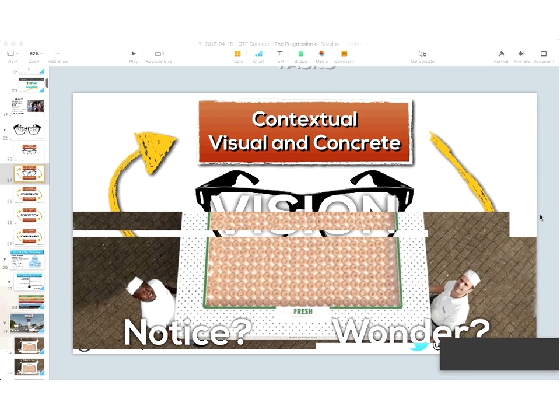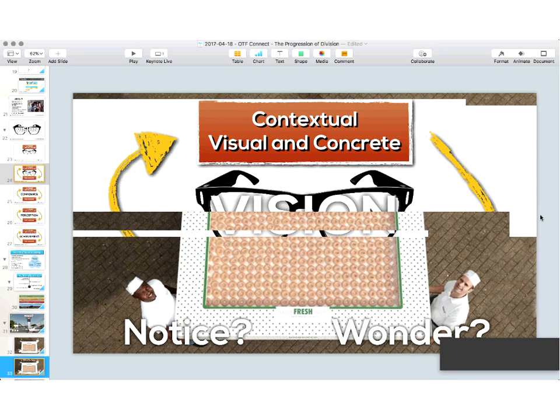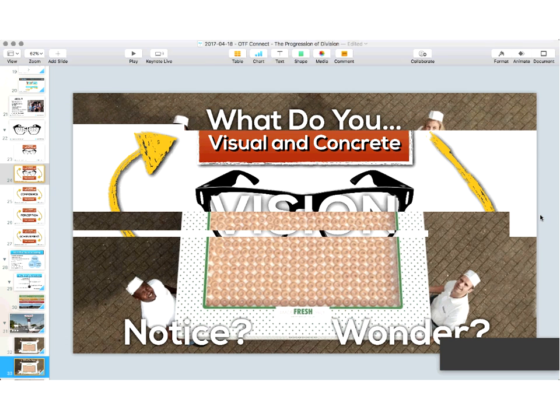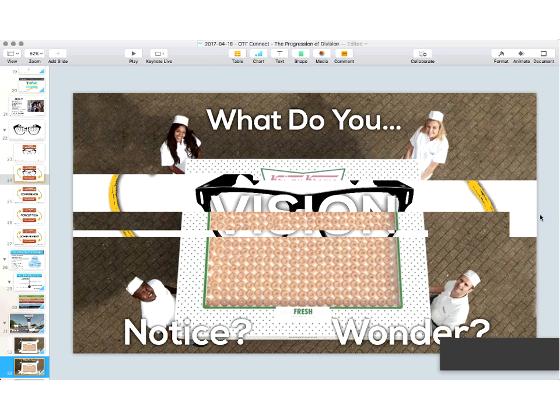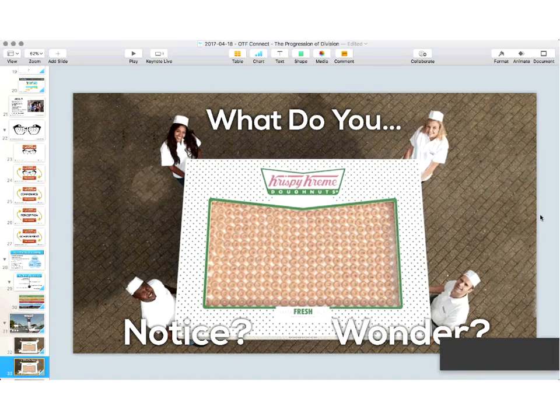You can do the same thing in the chat box if you're not in the Game Show. So you should see up on the screen a rectangular box of Krispy Kreme donuts, and it's not just a few. It looks like a lot. So take a moment, type your noticings and your wonderings into the Game Show and or the chat box, and then we will narrow down to a question and start exploring.